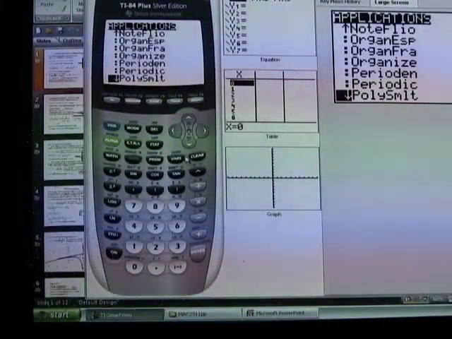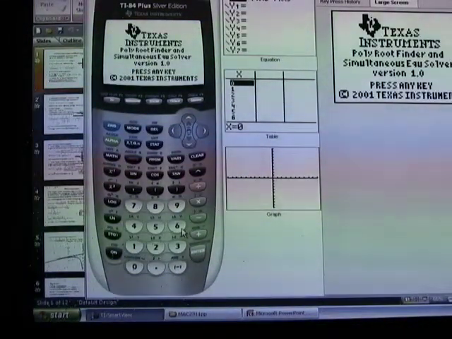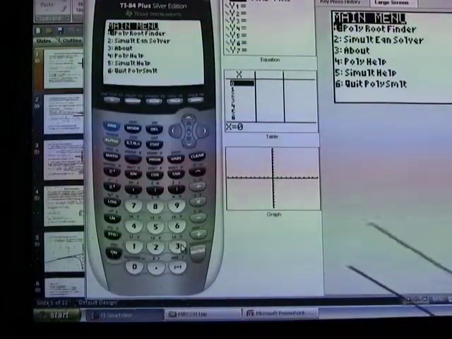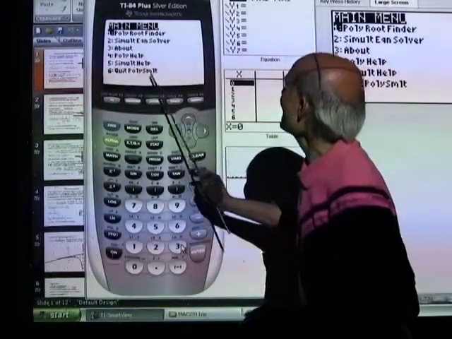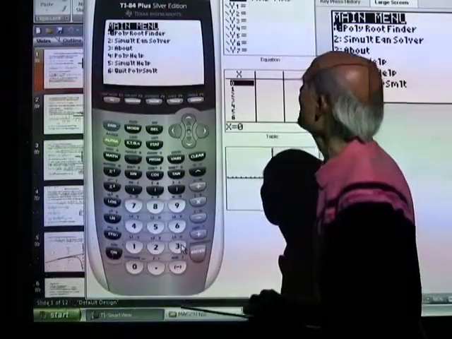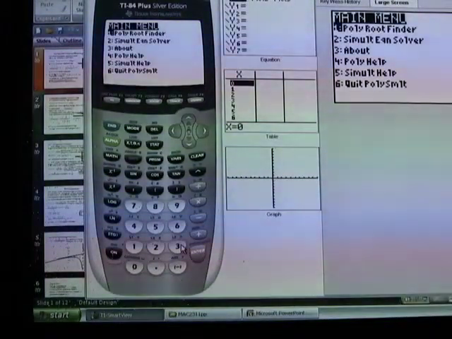So once you reach there, it is selected, and press enter, and you get the screen. It's asking you: polynomial root finder. Alright, that's what we want. So we want the polynomial root finder, number 1, and that is selected.